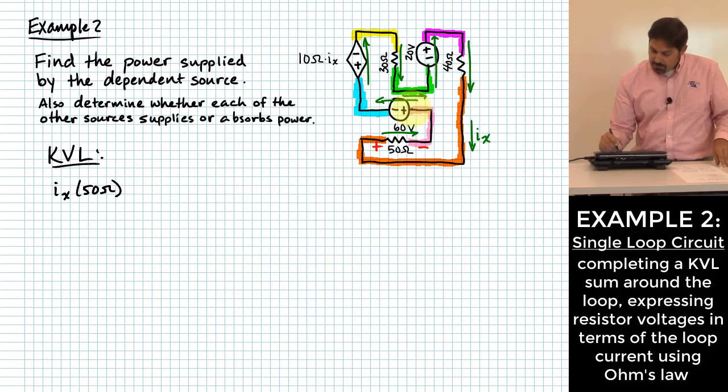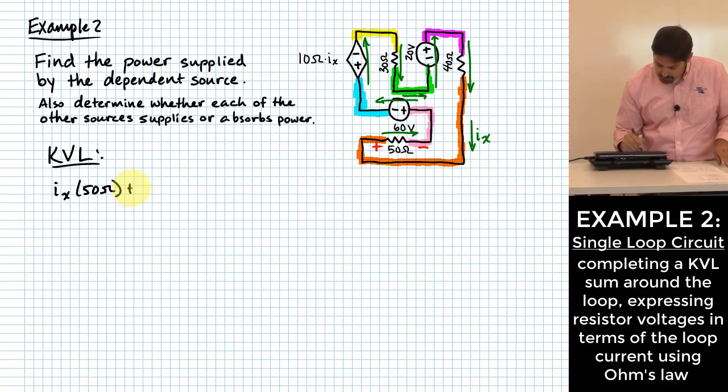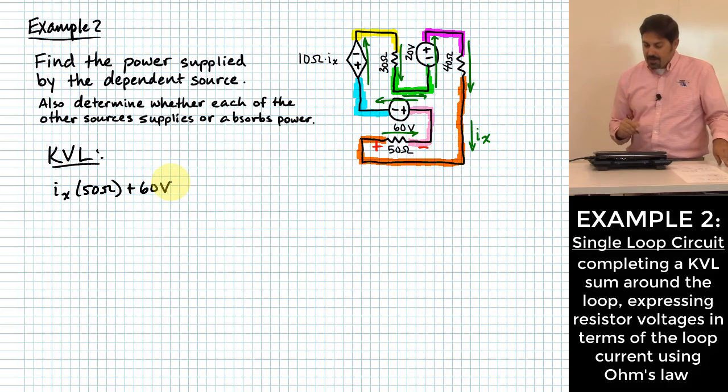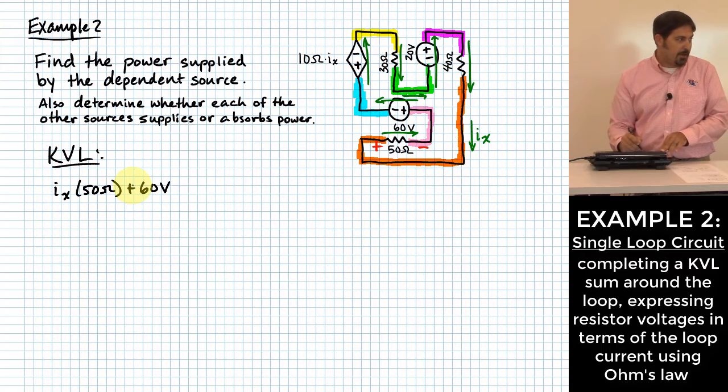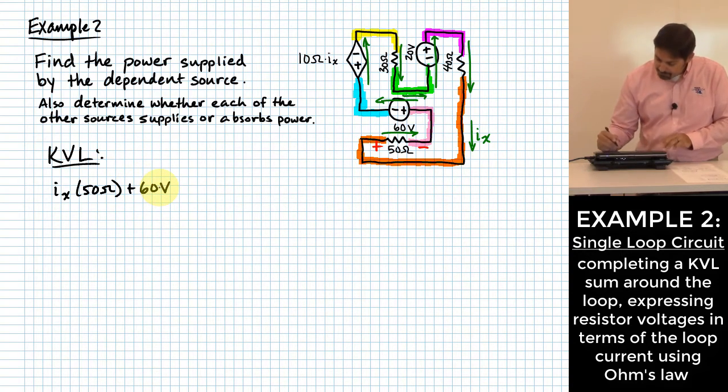Then I go up to my 60 volt source up there. How much voltage drop happens there? 60 volts. You'll notice I'm counting whatever sign I hit first as I progress around the loop as the sign that I use in the sum. Then I go up to the next one. How do I count that?